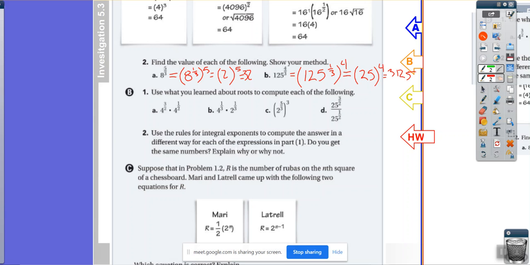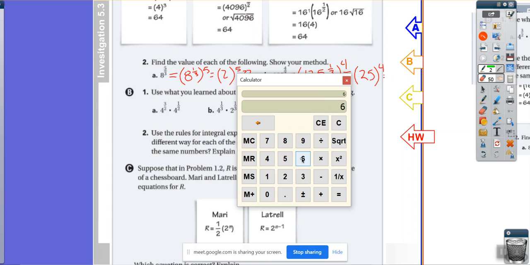Well, I'm sure that we can get someone to multiply 25 times 25 times 25 times 25 really quickly. So 25 times 25 is 625.